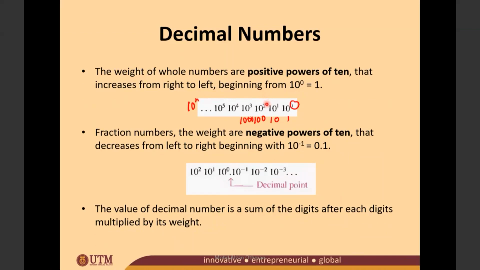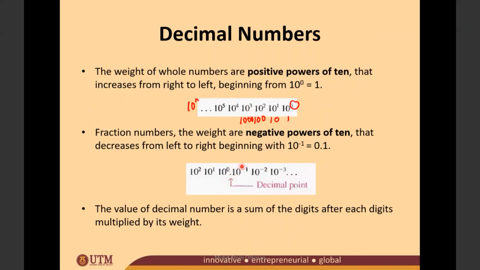Meanwhile, if you have a fractional number, the weights are negative powers of 10. Earlier the weights were positive powers of 10, but for fractional numbers the weights are negative powers of 10, decreasing from left to right, beginning with 10 power of minus 1.